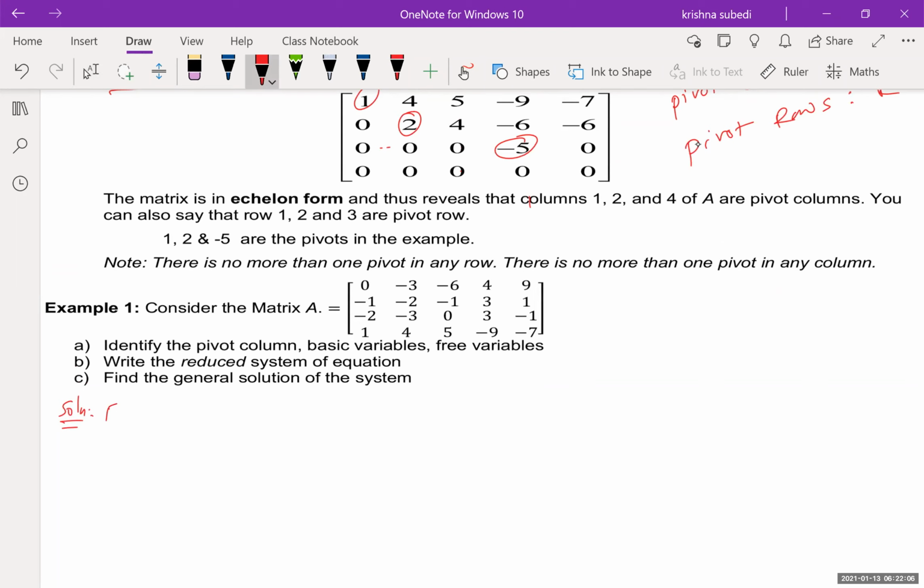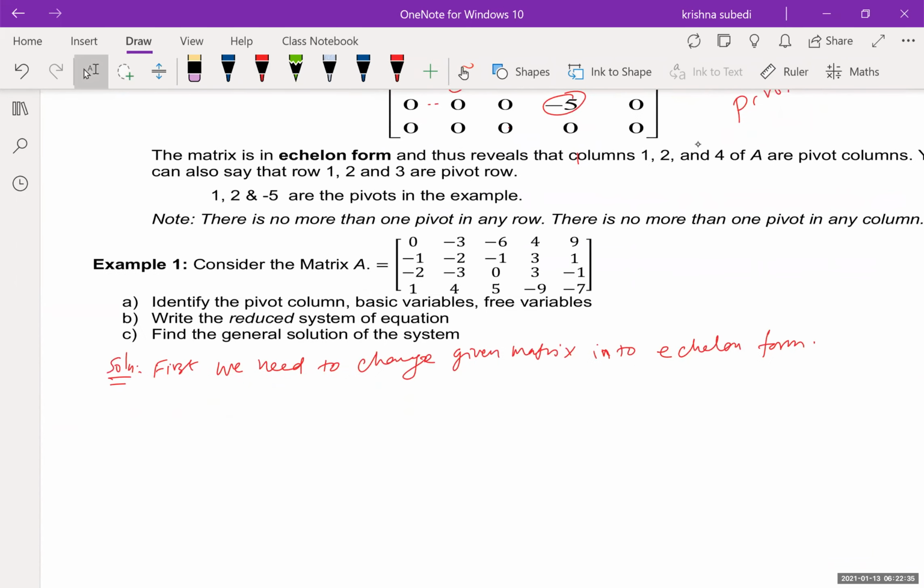So first we need to change the given matrix into echelon form by using row operations. And I think we have done this in our previous class.